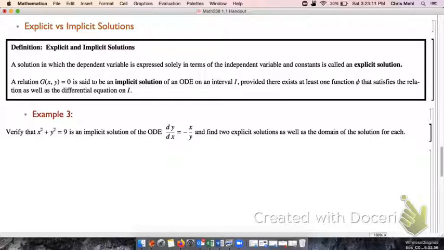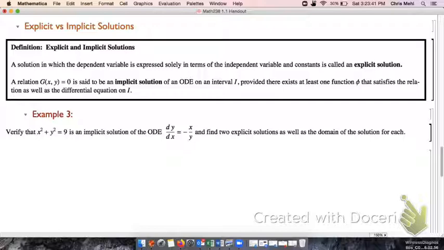We'll see in later sections, I believe this is what's called an autonomous differential equation, but the differential equation, this one just involves the first derivative.